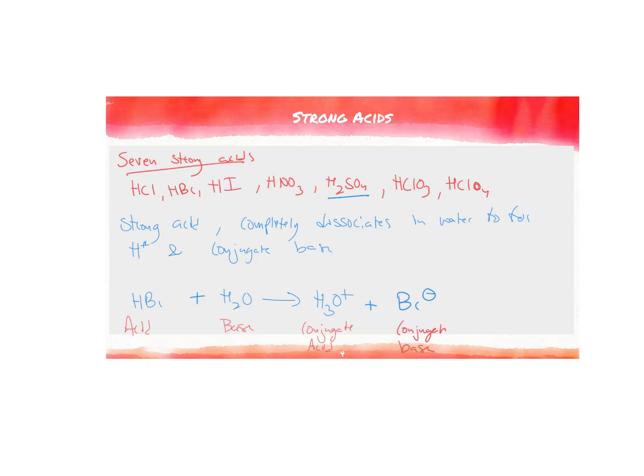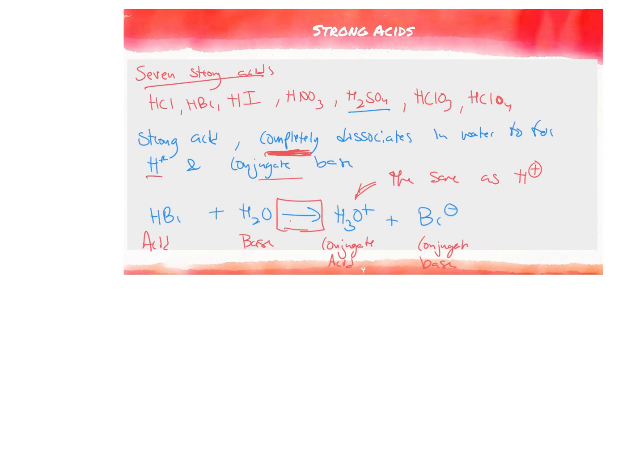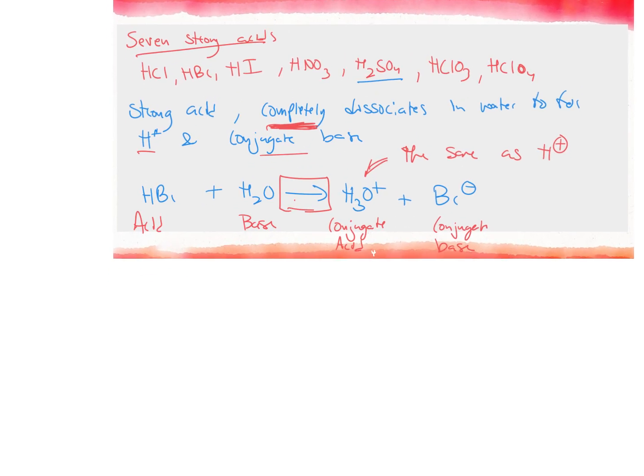The important thing to note here is the arrow I used. I specifically used just the right direction arrow because it completely turns into H plus and conjugate base. Now, again, remember, I wrote H3O plus. This is essentially the same thing as H plus because any protons are going to immediately react with water to make H3O plus. And so a strong acid always will do this completely.